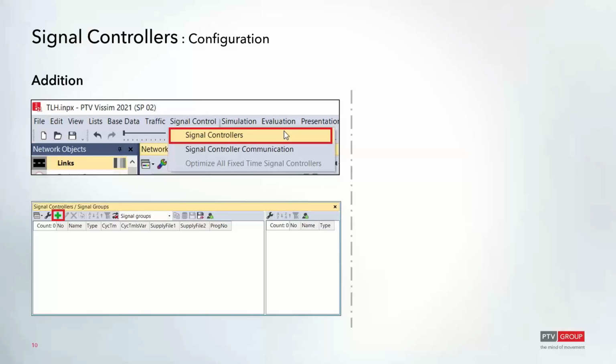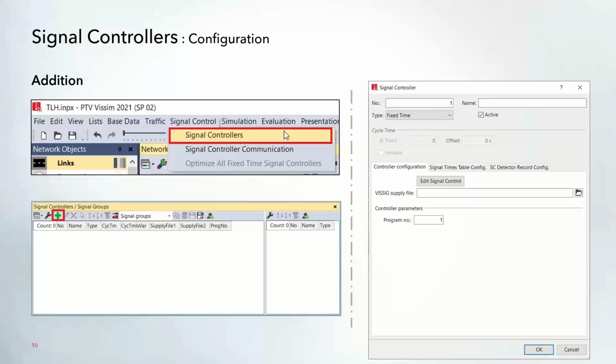And this will open up a signal controller window down at the bottom of the screen. And in here you can press that green plus button, and that's going to open up the signal controller window here, in which we can further define that particular signal controller element. And then once those controllers are added, they will just show up here in this list. So then you can further edit them or just view them later on.